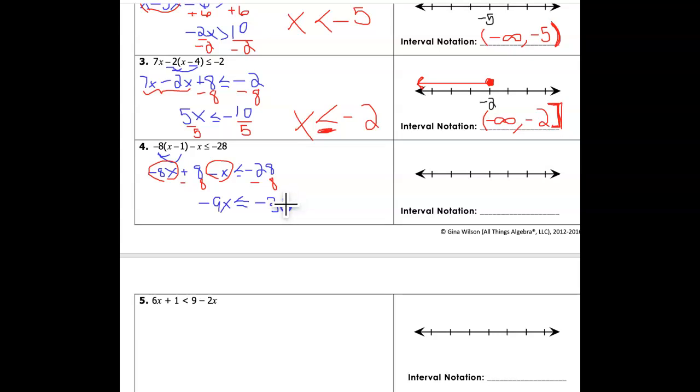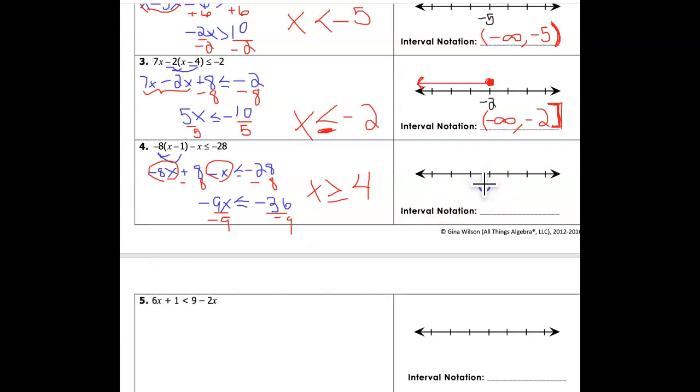And then we're going to divide. Since we're dividing by a negative, we have to flip our sign. So now we have x, flip our sign, is greater than or equal to, negative divided by a negative gives us a +4.